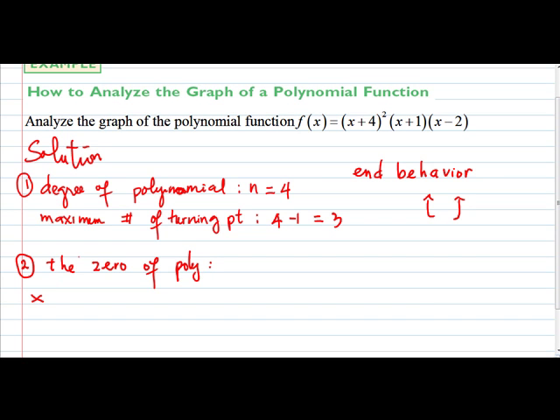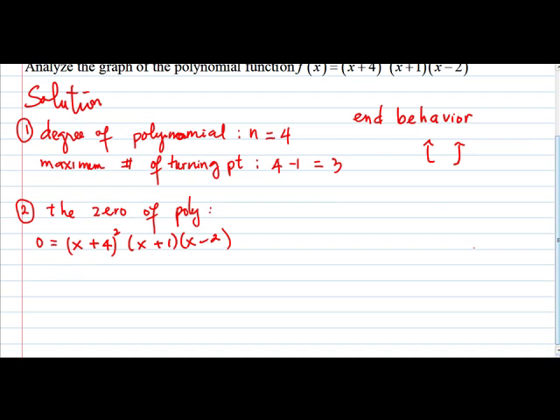So if you let f of x equal to 0, I have x plus 4 squared, x plus 1, and x minus 2. So I have x plus 4 squared equal to 0, or I have x plus 1 equal to 0, or I have x minus 2 equal to 0.